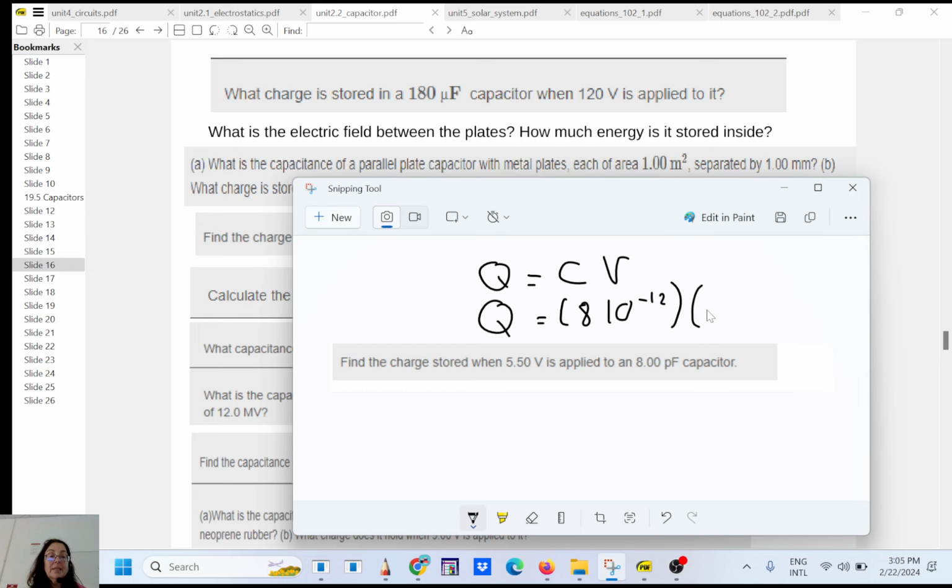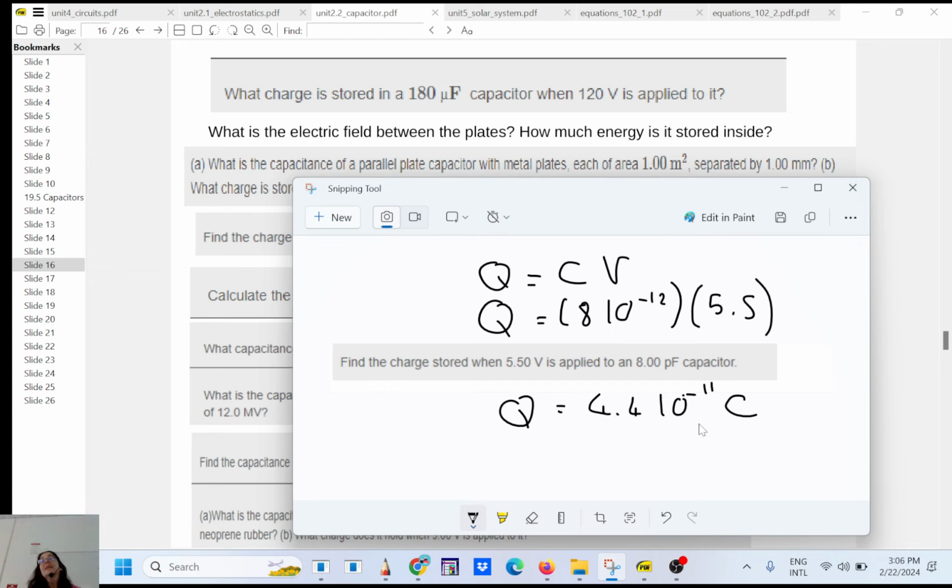And voltage is 5.5. Q equals, in scientific notation. Very good. And to make sure you know how to deal with scientific notation, convert that in pico.